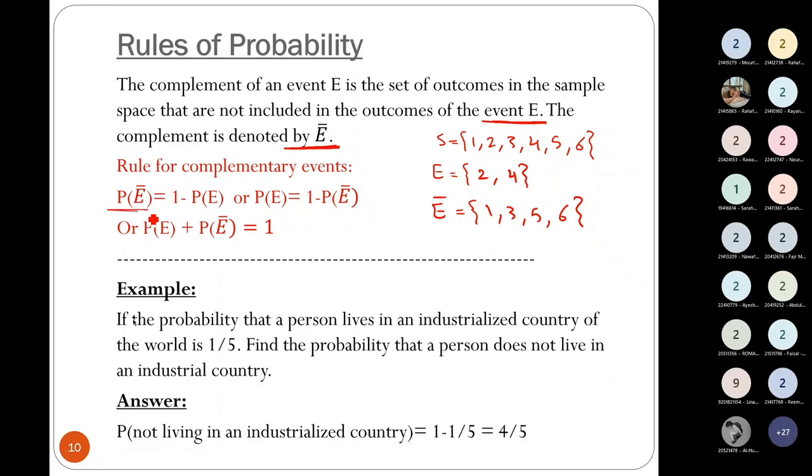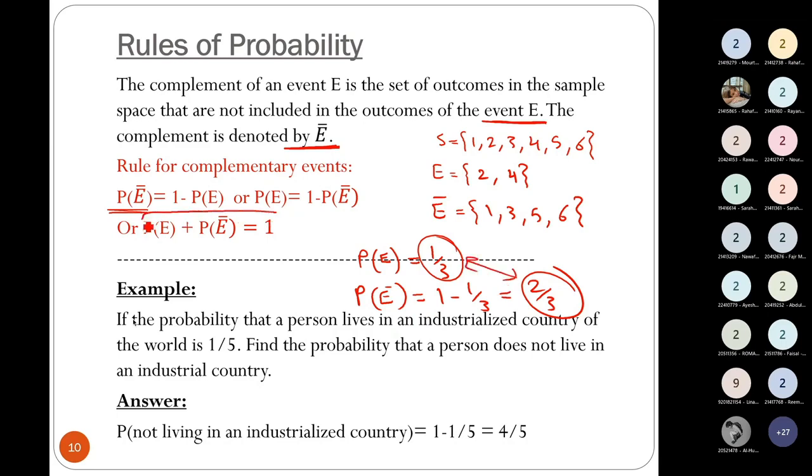Now the probability of the complement of the event equals what? 1 minus the probability of E. So if we have the probability of E, we can find the probability of the complement. For example, if P(A) equals 1/3, then P(A bar) must equal 1 minus 1/3, that equals 2/3. The probability of A plus the probability of its complement must equal 1.